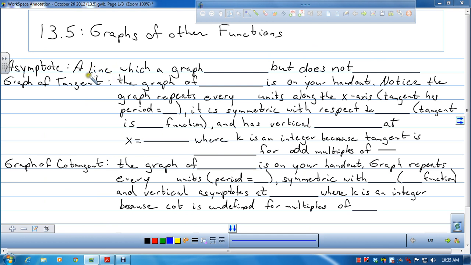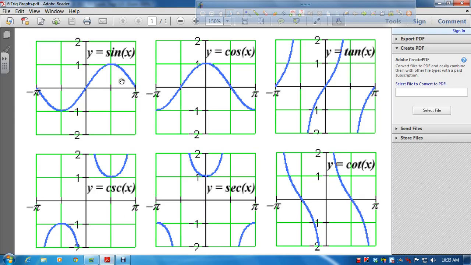First thing we want to talk about is an asymptote. Now that's a concept you were probably briefly exposed to, maybe in Algebra 2, when talking about some graphs. If you look at your handout, you'll notice you have some dashed lines with the tangent and then with the reciprocal functions. Those are asymptotes.